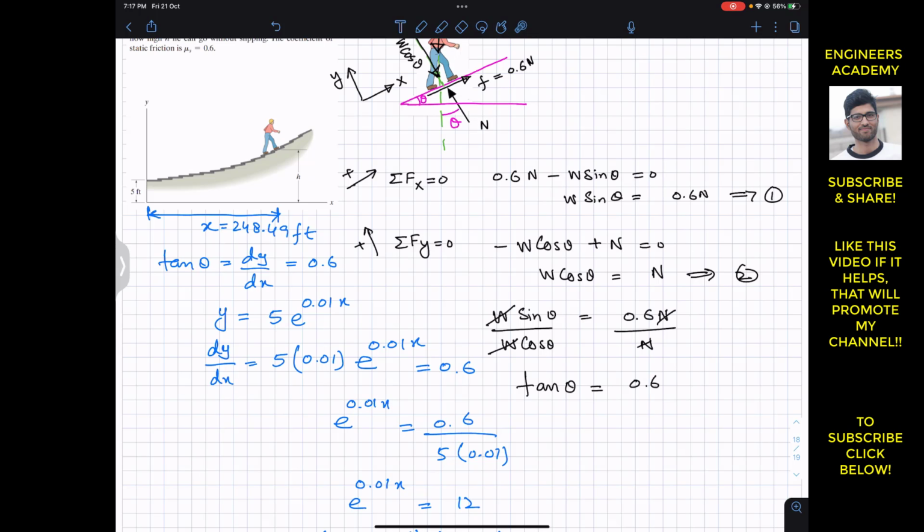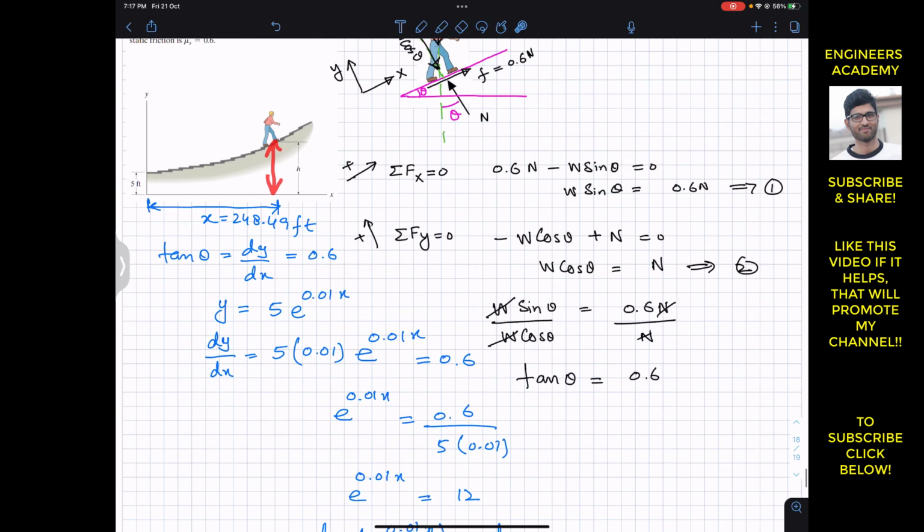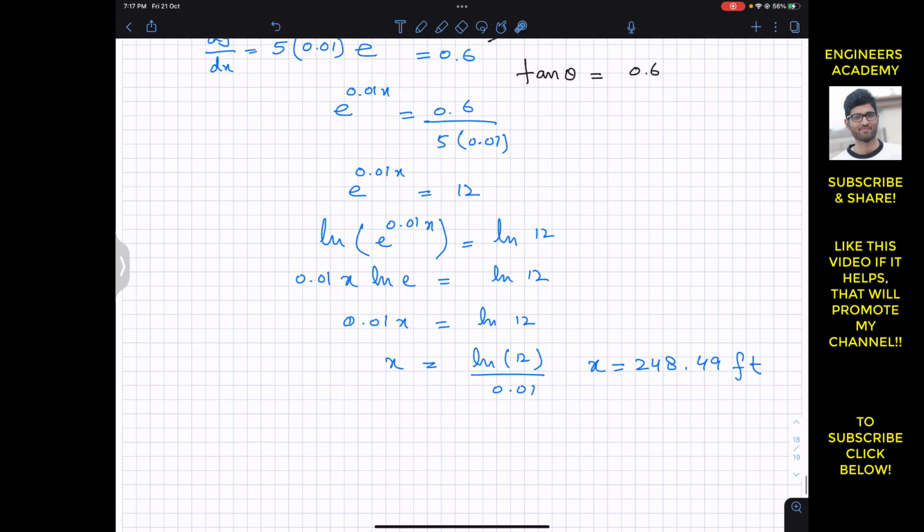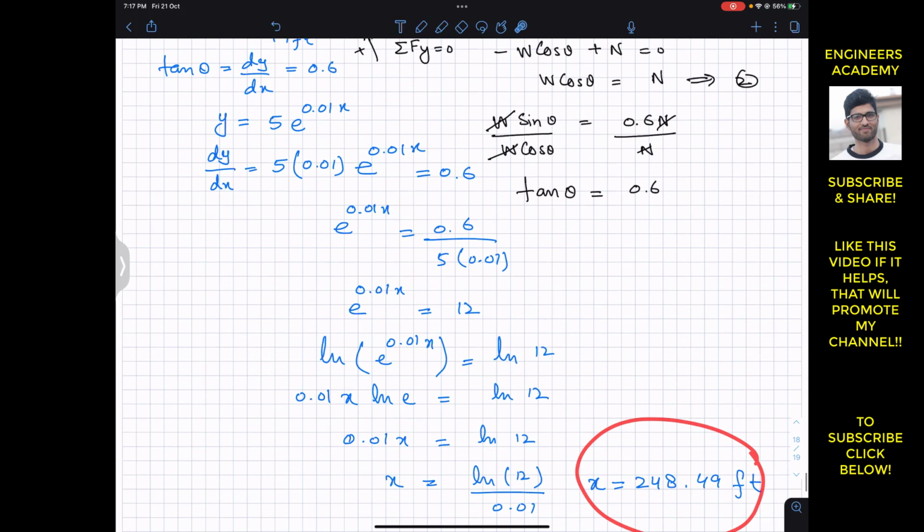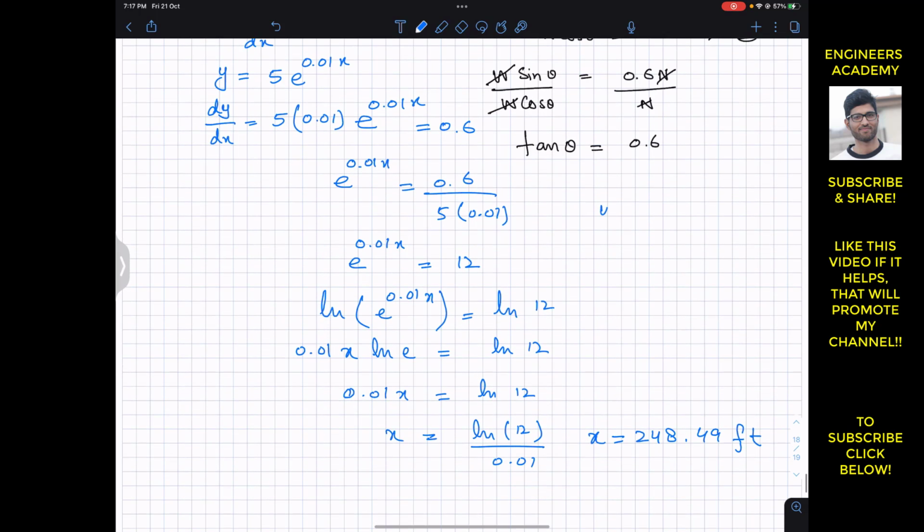Now we want to find his height. So now we have y as a function of x, so we need to put this x value into that y as a function of x. So y is equal to 5 e to the power 0.01 into x, which is 248.49.